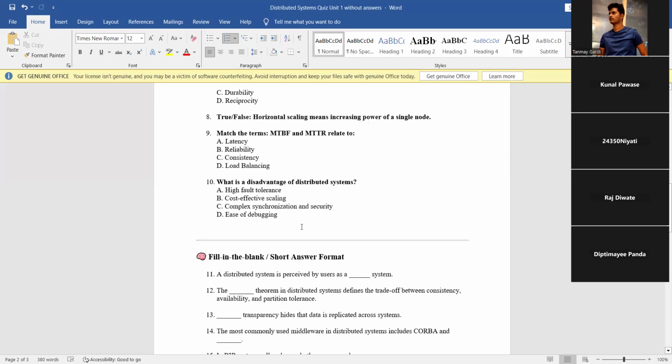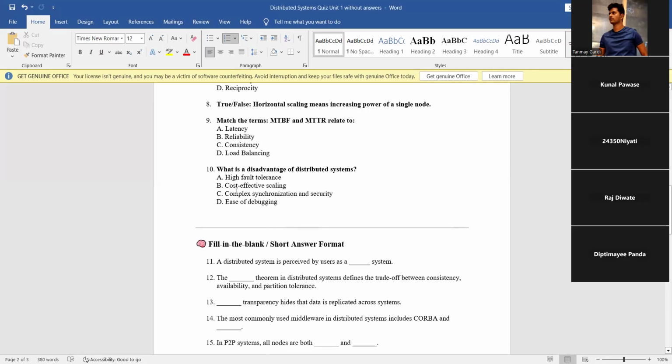Correct? Okay. So last question for this session, then we will continue in the next after you join back. What is the disadvantage of distributed system? Yes, the answer is correct.